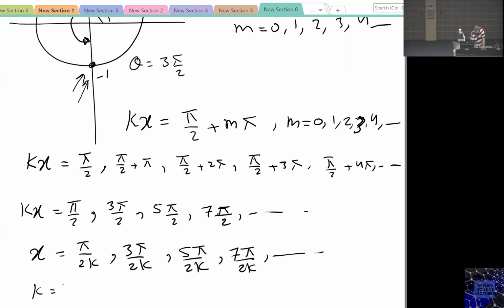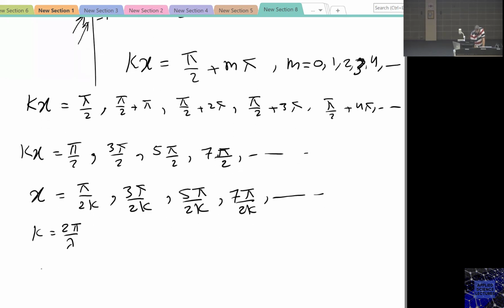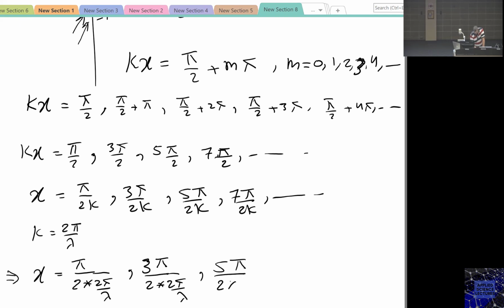We know k equals 2 pi over lambda, so we're going to solve it in terms of lambda again. Then x equals pi over 2 times lambda over 2 pi, 3 pi over 2 times lambda over 2 pi, 5 pi over 2 times lambda over 2 pi, 7 pi over 2 times lambda over 2 pi.